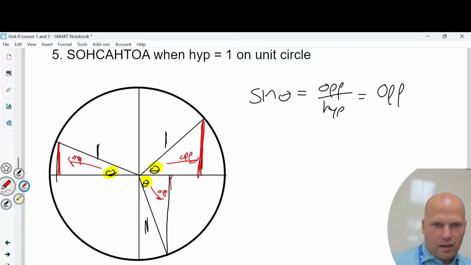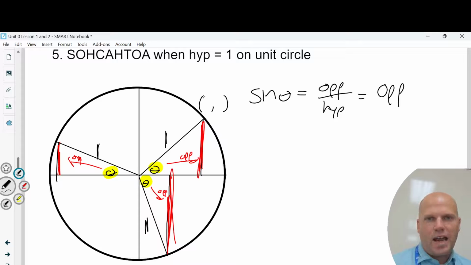Vertical length, vertical length. Well, if we're on an xy axis and we have this vertical length, we always refer to that as our y coordinate, or our y length from the x-axis.